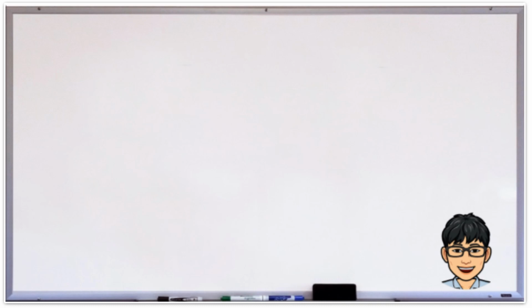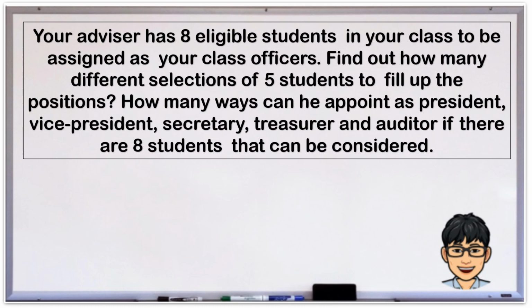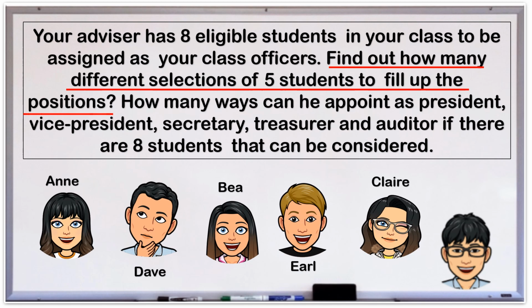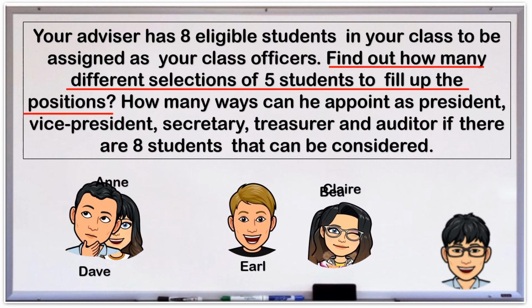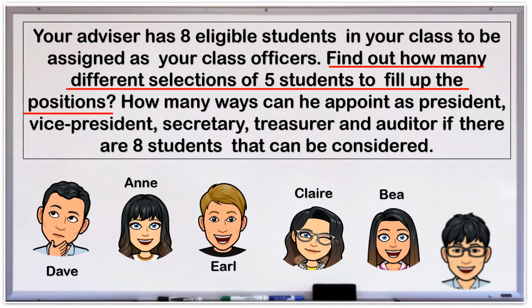Now let us go back to our previous problem. Una, sagutin natin yung tanong na find out how many different selections of 5 students to fill up the positions. Halimbawa, pinili ni advisor sina Ann, Dave, Bea, Earl, at Claire. This selection is the same selection as Dave, Ann, Earl, Claire, and Bea.